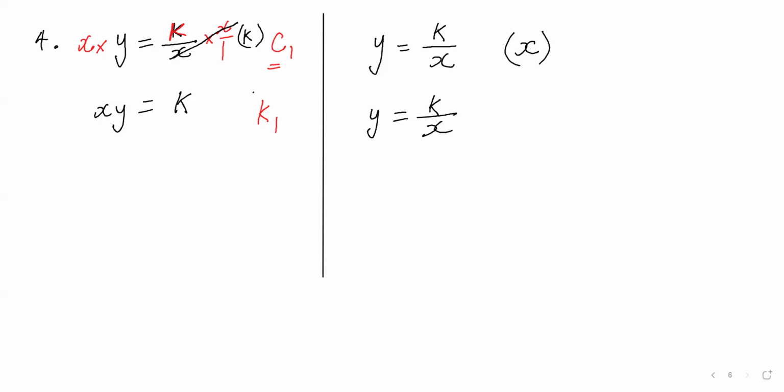So let's do that. So we multiply by x over 1. X over 1, that's what I want to see. So these will cancel, and it leaves you with xy equals k.